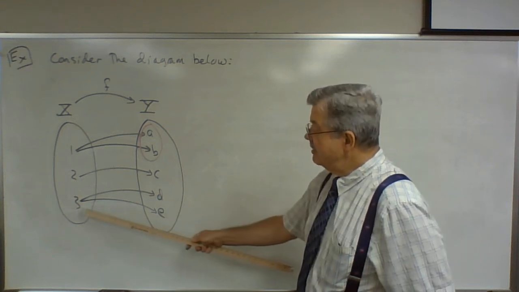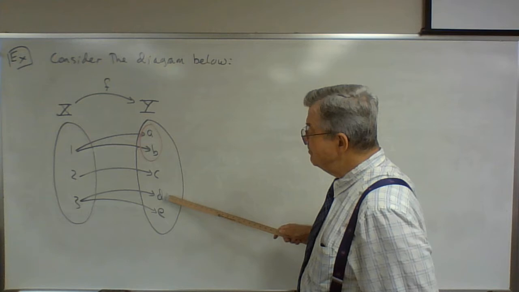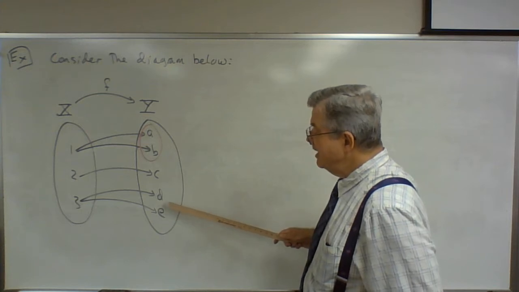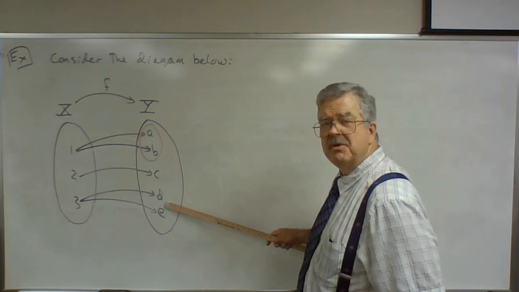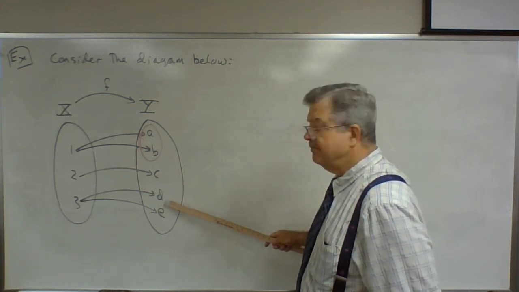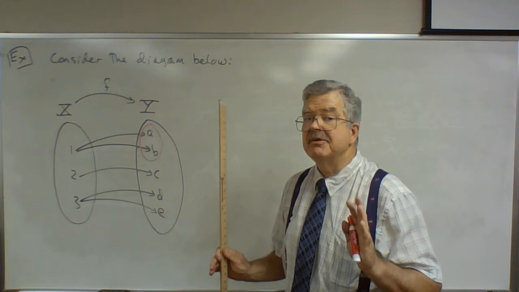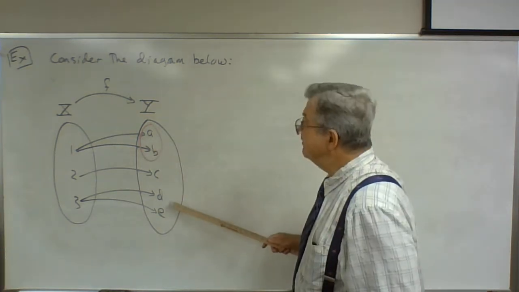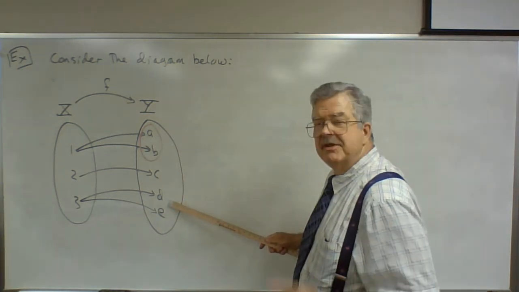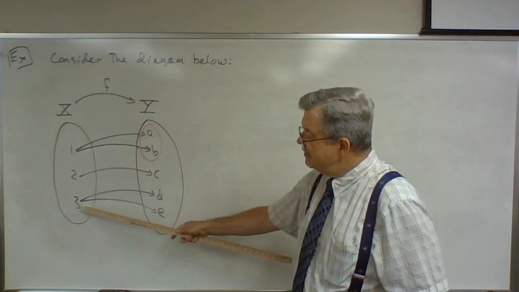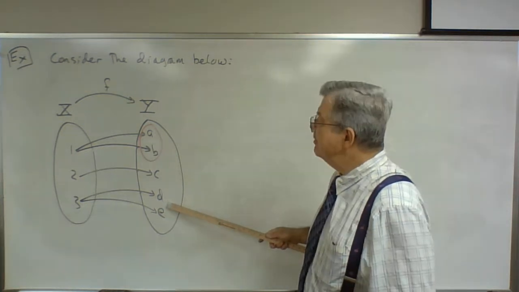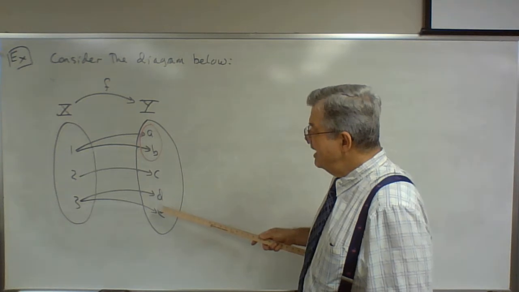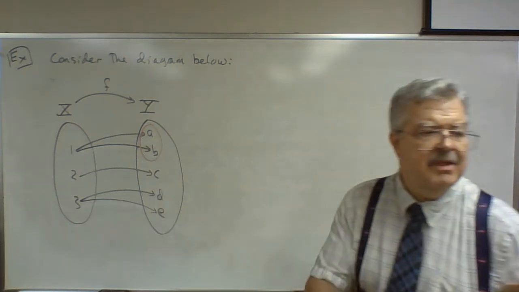No. Element 3 in set X is assigned both D and E. That's fine for a relation, but with a function, we stipulate that every element in the domain, set X, has to be assigned exactly one element from the range, set Y, and that doesn't happen.